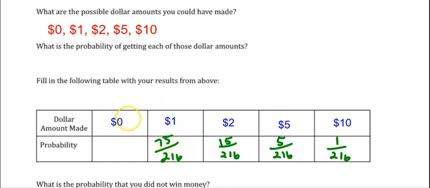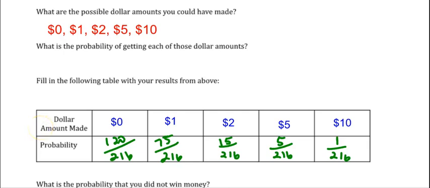So the easiest thing to do to find the probability of $0, we know it all has to be 216 over 216. So if we subtract 75 plus 15 is 90, plus 5 is 95, plus 1 is 96. Subtract 216 minus 96, and that gives us 120 over 216.